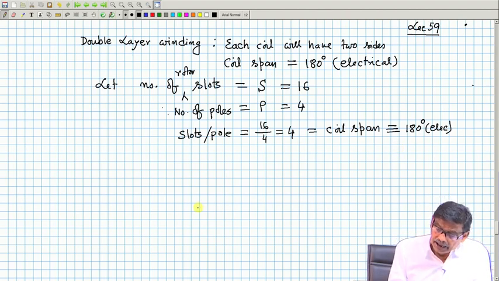So, I will draw the diagram in this way now. Follow me very carefully what I am doing. Suppose each slot will have two coil sides, because it is a double layer winding.